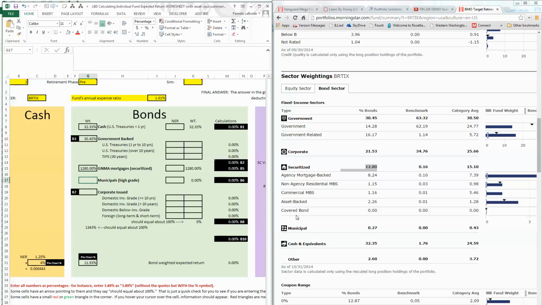For municipal bonds, it's this 0.27. Oops. And actually notice this 12.8. I don't know what I typed, but it thought it was 1,280, which it's certainly not supposed to be, so I just had to fix that. For municipals, it's that 0.27%, and for corporate issued, it's 21.53.